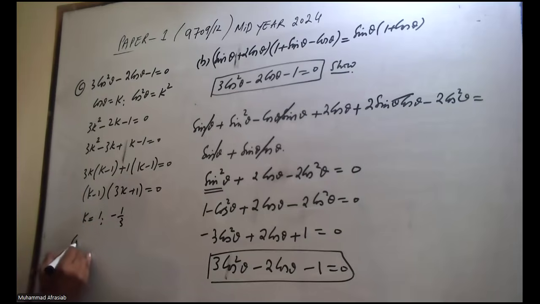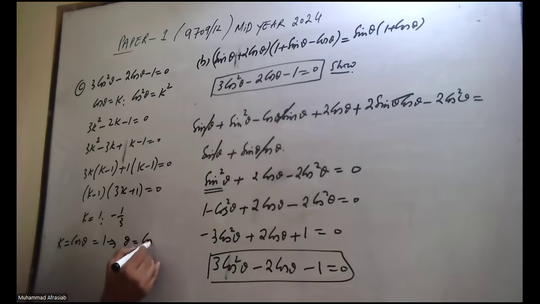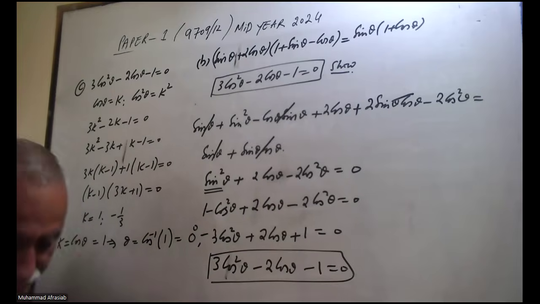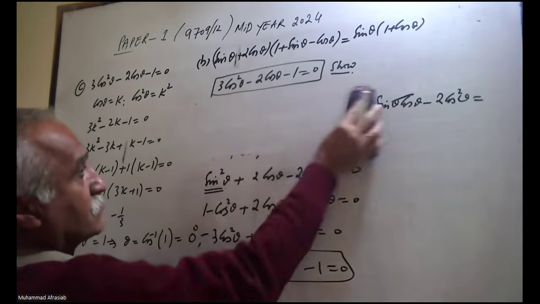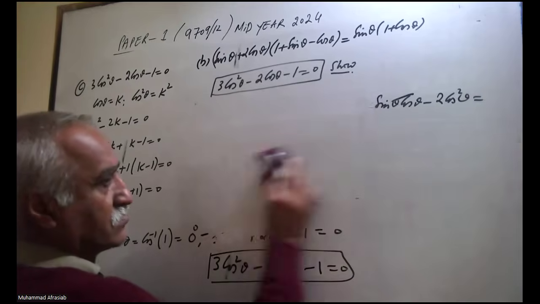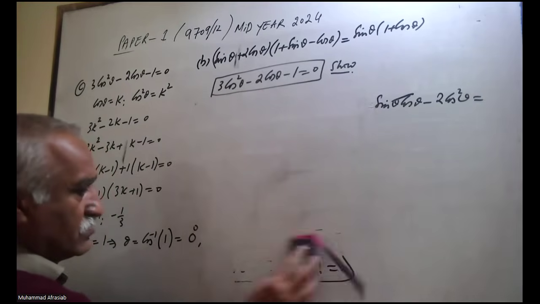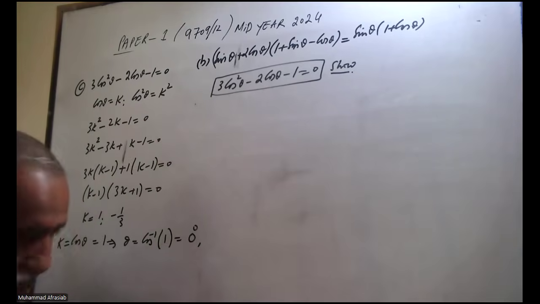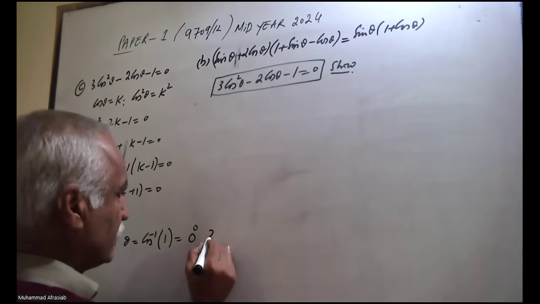But k value itself equals cos theta, which is equal to 1. So theta is equal to cos inverse of 1, that is 0 degrees, or 360.